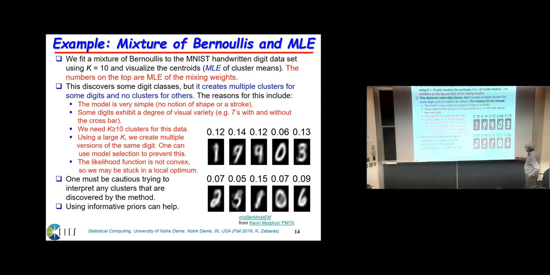And actually, if you go further, these components become less important because the weights are smaller, but I can see a few more 9s. I think this looks to me like a 9. As a matter of fact, if you take k to be even higher, you're going to get multiple 9s and multiple 5s. So there is a problem. One of the ways to address this problem is to do some sort of regularization.